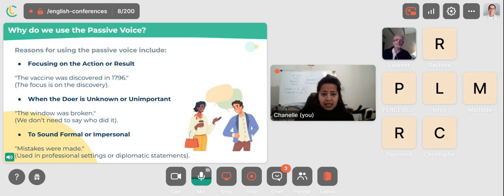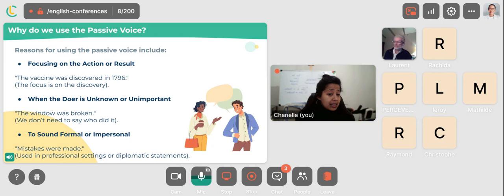Why do we use the passive voice? Reasons for using the passive voice include focusing on the action or the result. So, for example, the vaccine was discovered in 1796. The focus is on the discovery.